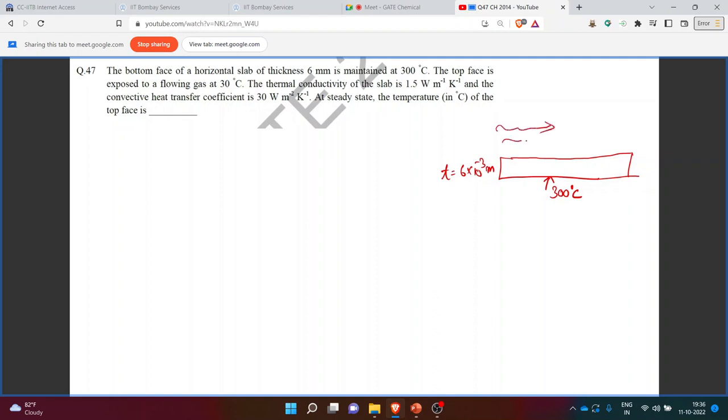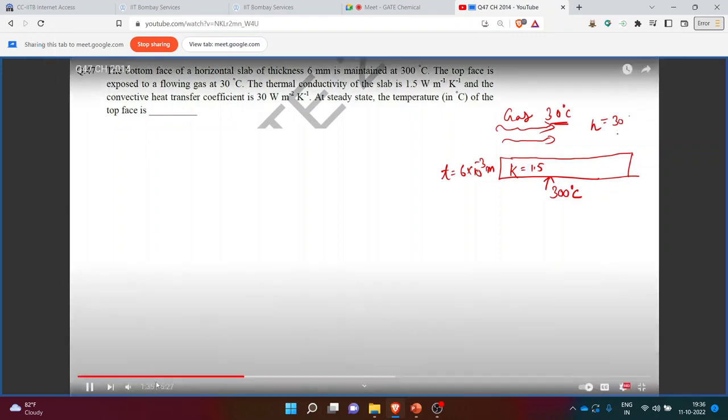Let's consider we have flowing gas over here and its temperature is 30 degrees Celsius. The thermal conductivity of the slab, that is K, is 1.5 watt per meter Kelvin, and the convective heat transfer coefficient, the H over here, is 30 watt per meter square Kelvin.